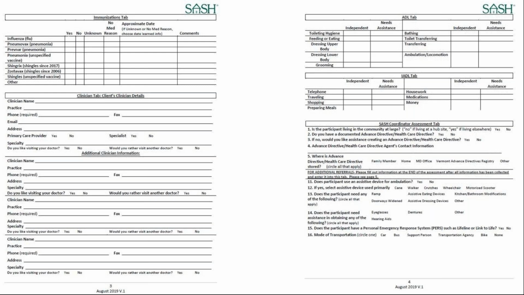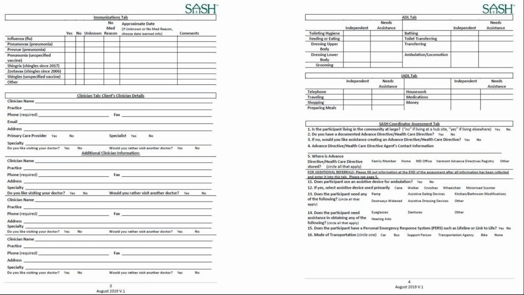Hopefully that will be helpful as you navigate this. And if you ever have questions, you can jot down a note and talk to your nurse about it. Just as a note, for both pneumonia and shingles, if the participant doesn't know whether they had the Shingrix or the Zostavax, and they just say, I had a shingles vaccine, that's when you would choose the shingles option. It's unspecified which one they had.